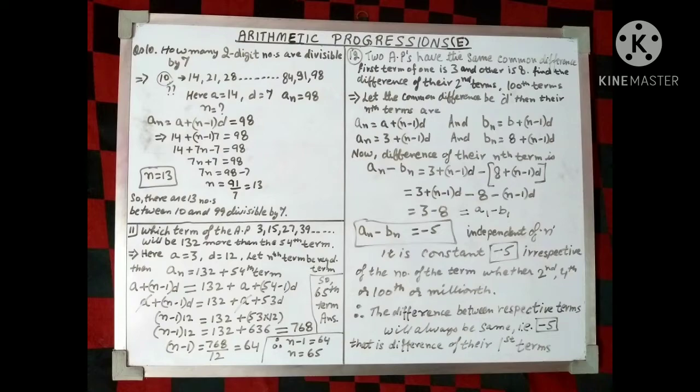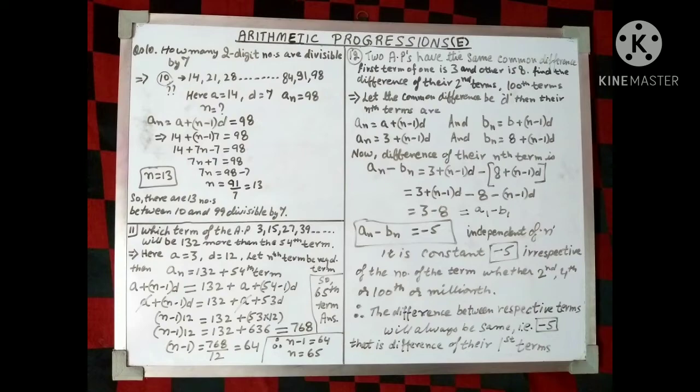So if we take the table of 7, we find that 14 is the first two-digit number divisible by 7 and 98 is the last two-digit number which is divisible by 7. So we get the AP as 14, 21, 28 and so on till 84, 91, 98.